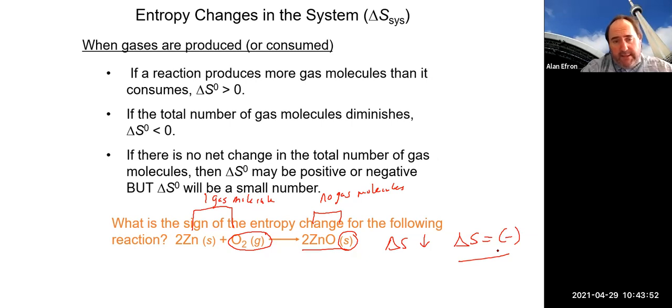By the way, in this chapter, you will come across a lot of questions like that. It's very common in thermodynamics problems that they don't give you numbers sometimes. They just say, hey, this guy's positive and this guy's negative, at 25 degrees Celsius. Do you think it's going to be spontaneous or non-spontaneous?